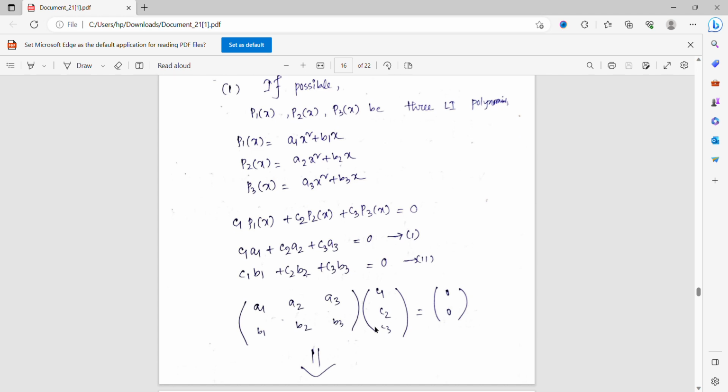So I have a non-zero solution of c1, c2, c3, so I can have a non-zero linear combination of these three polynomials. So it cannot have three linearly independent polynomials of degree 2, because I just assumed p1, p2, p3 to be arbitrary three polynomials of degree 2, right? If I choose any arbitrary three polynomials of degree 2, then they are linearly dependent. So the statement is false.